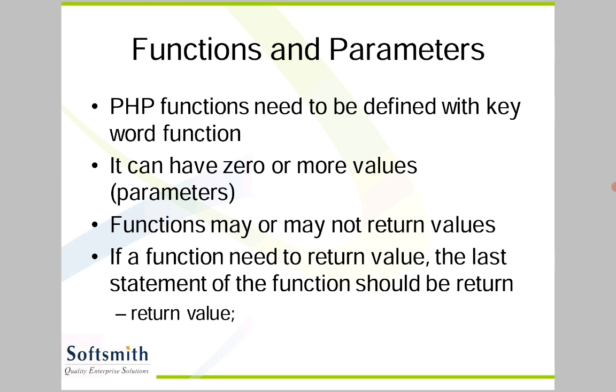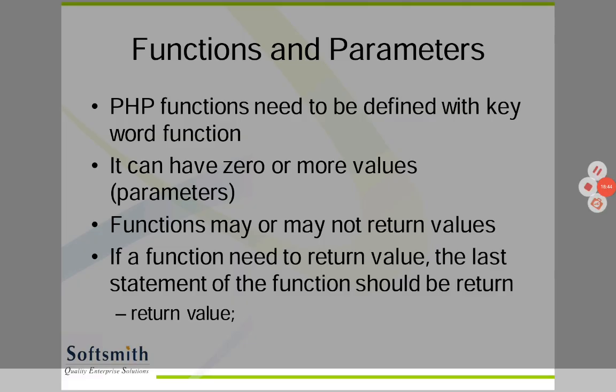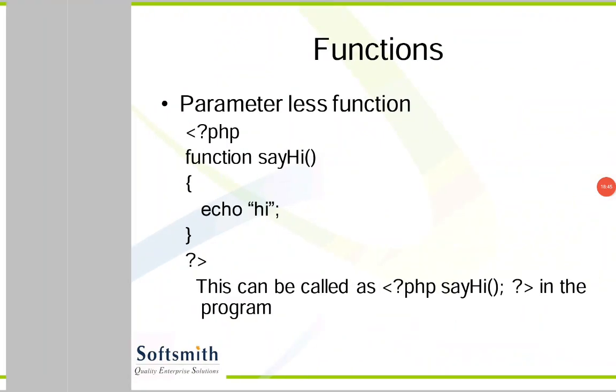Second, functions with some arguments and no return value. Third, functions with return values and no parameters or arguments. And fourth, functions with both return values and arguments. So these are the different types of functions used.